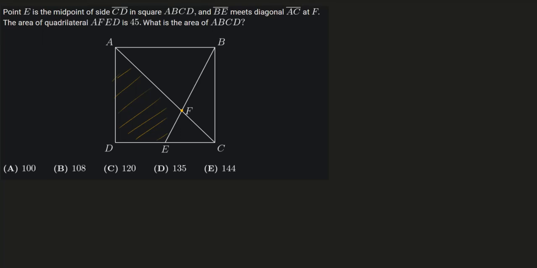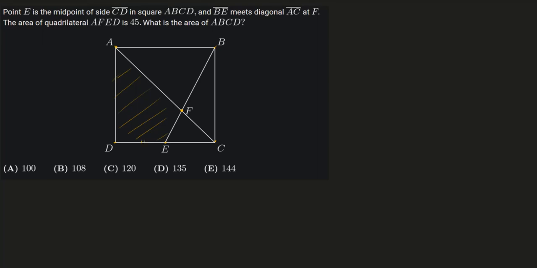By reading this problem, you probably know that we have a very good understanding of points A, B, C, D, because they are just the vertices of square ABCD, right? And we also know E pretty well, because it bisects CD.